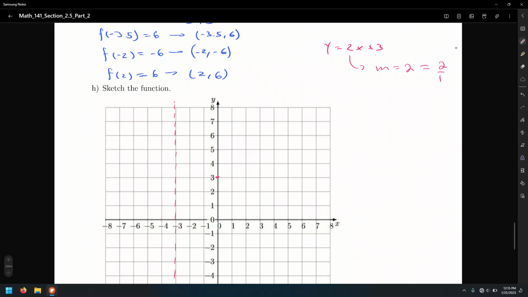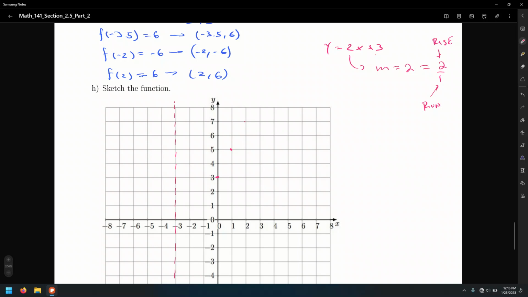That is, rise 2 units and run 1 unit. From the y-intercept, I'm going to go up 2 units and run 1 unit. Again, repeat the process, go up 2 and go to the right 1.